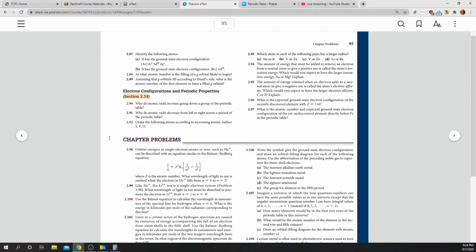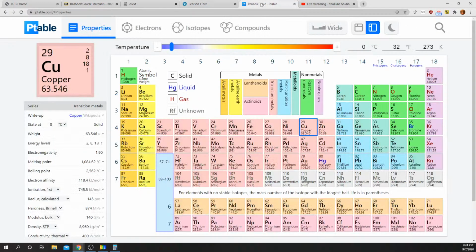If you're working harder, that means the nucleus is pulling harder on those electrons, which means you would expect magnesium to have the higher ionization energy because it has a higher effective nuclear charge. Its protons are better able to reach through the shield and grab hold of its valence electrons. So you would expect it to have a higher ionization energy.